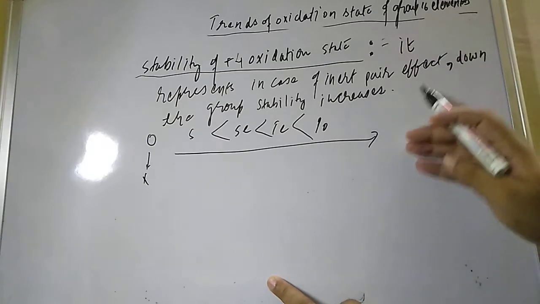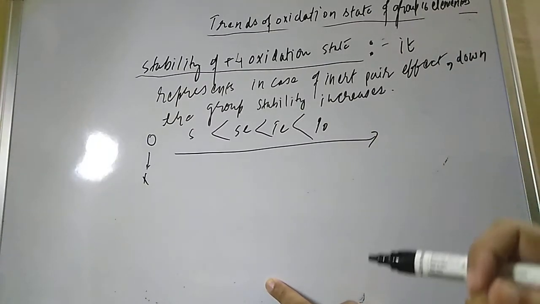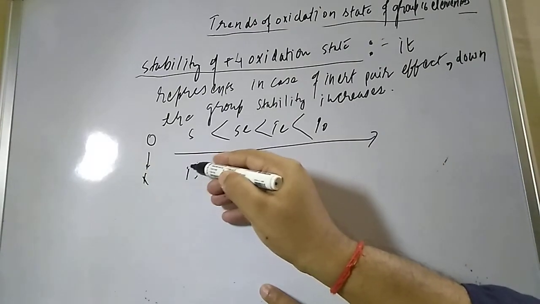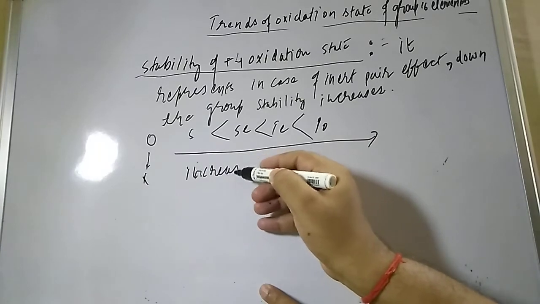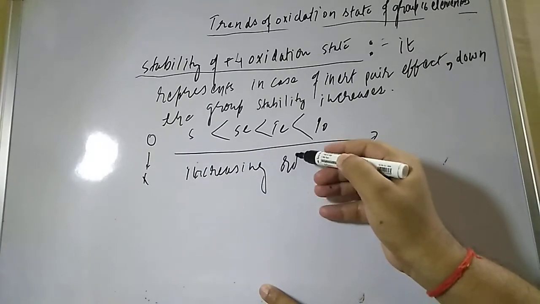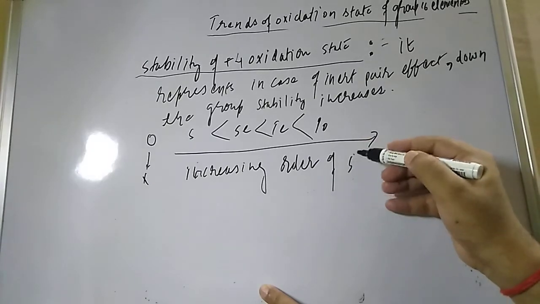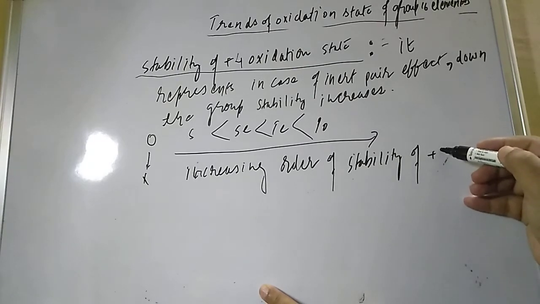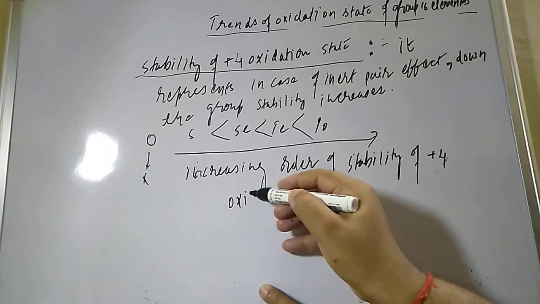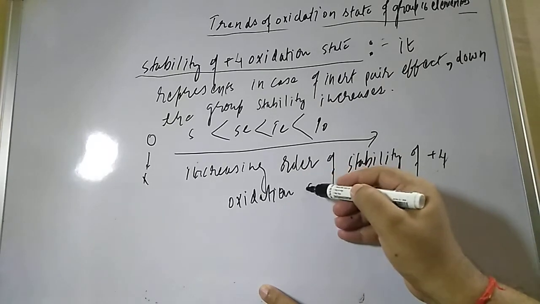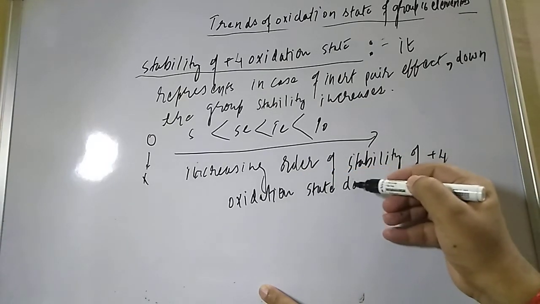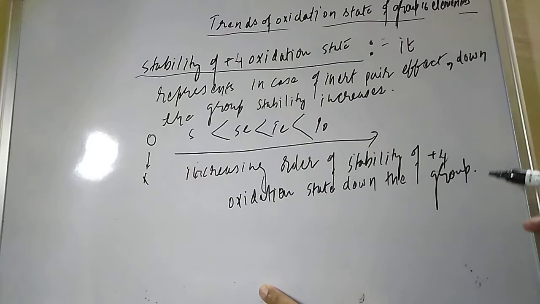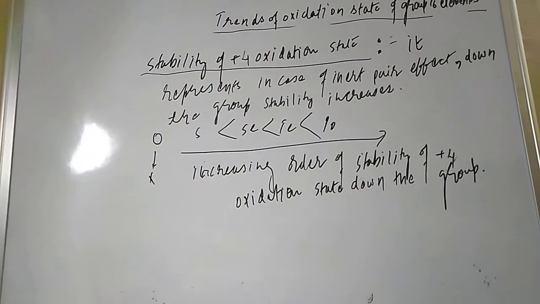So nuclear charge will increase and ns2 electrons will not take part in bond formation. So here is the increasing order of stability of plus 4 oxidation state down the group. So this is all about the trends of oxidation state of the group 16 elements.